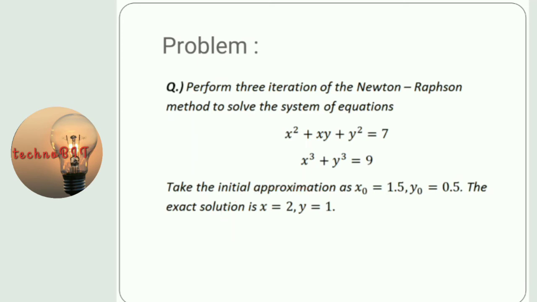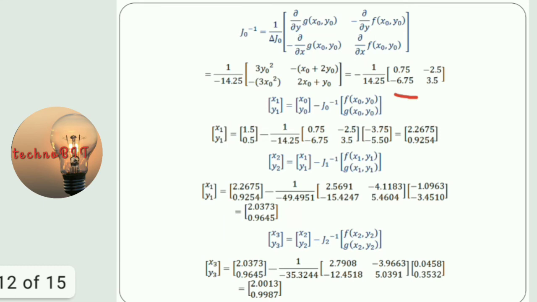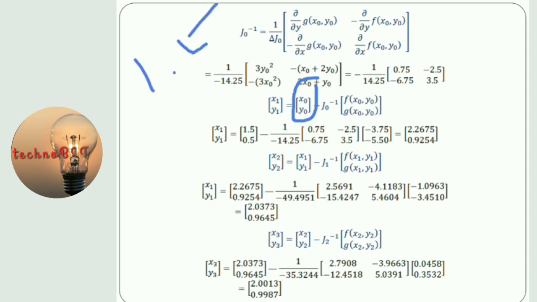What we have to do in the solution, you can see what my equation is. If I write the equation for the first iteration, for x1 y1, the equation will be in terms of x naught and y naught. First we should have the value of x naught and y naught, which is given in the question: x naught is 1.5 and y naught is 0.5.